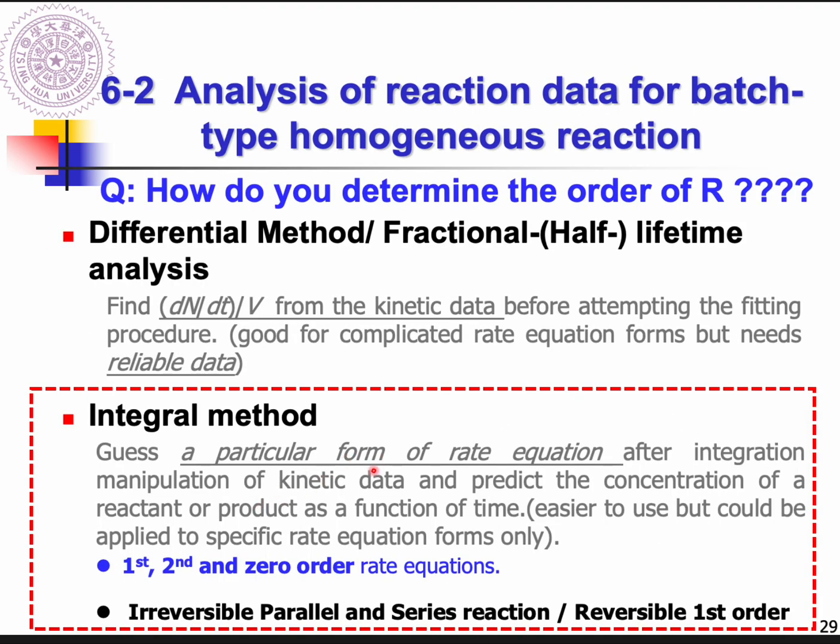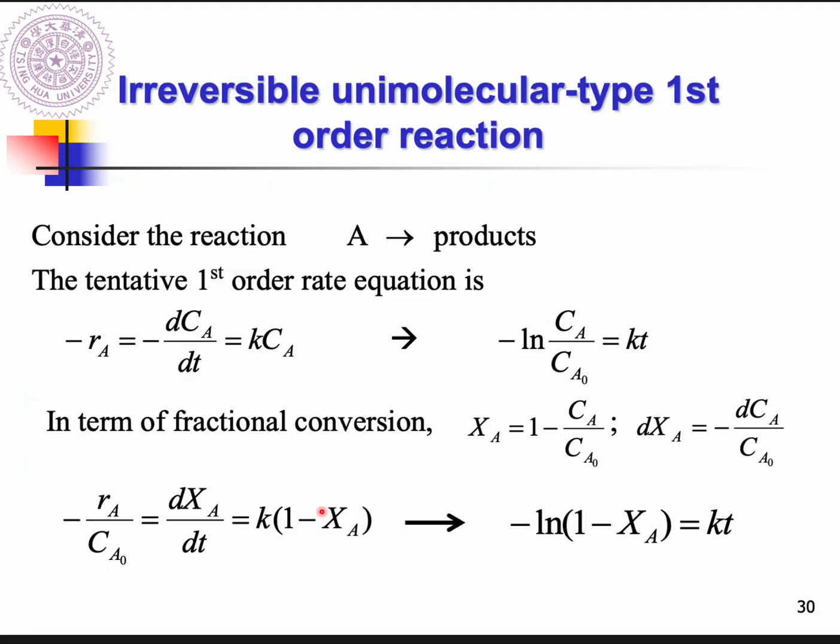As I mentioned, over the following several slides, I'm going to show you how to derive a particular form of the rate equation for first, second, and zero order. So let's move to the first order reaction. What we have here is an irreversible unimolecular type first order reaction.